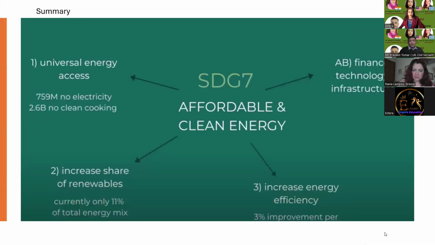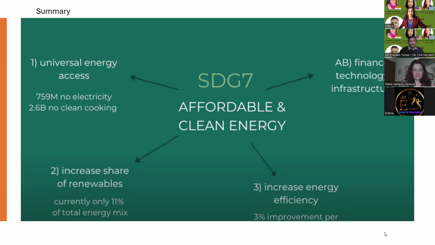So if I summarize all about SDG 7, affordable and clean energy, this is the shortest goal amongst all 17, and I would say the fastest and most achieved goal so far. Since I come from the energy sector, I follow it very closely, and it's close to my day-to-day work and my heart.